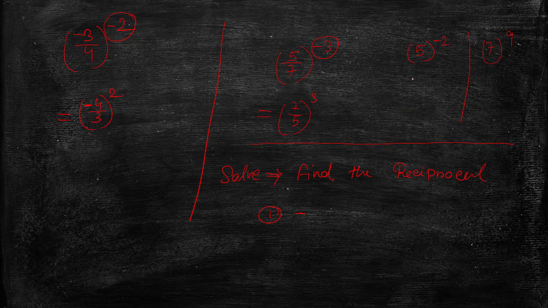So we can write it like 5 by 1 to the power minus 2. Now it will get changed: 1 by 5 to the power 2. Similarly for this case, we can write 7 by 1 to the power 9, and 1 by 7 to the power 9, right?